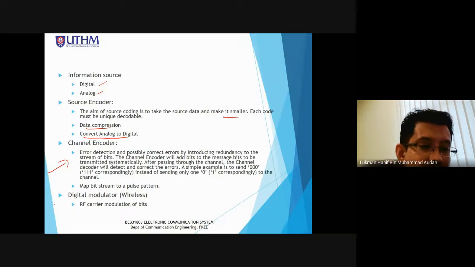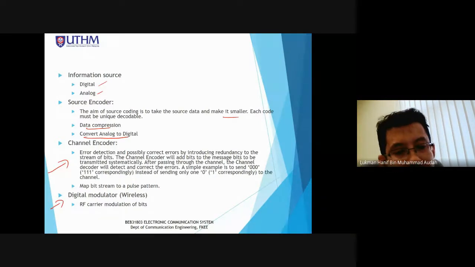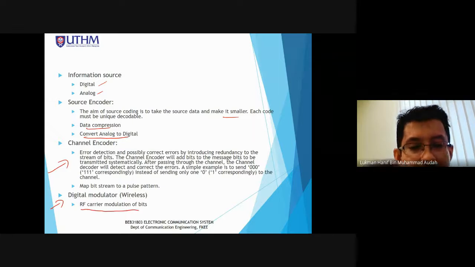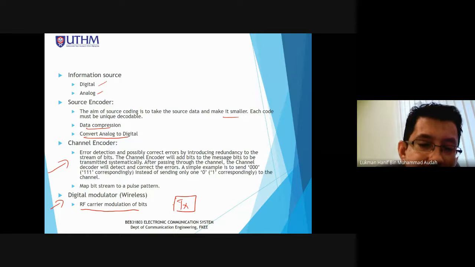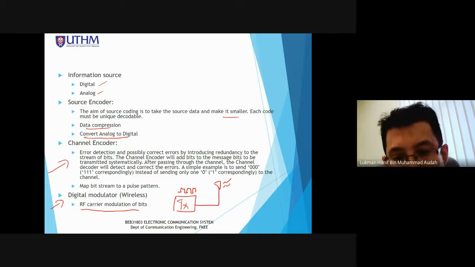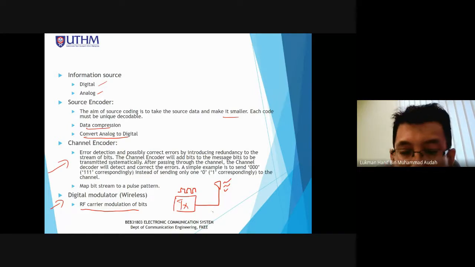Okay. Digital modulator. So this is if you want to transmit wirelessly, that means we will modulate with the analog carrier. Kalau kita nak hantar secara wireless, kita ada digital data, dan kita nak hantar secara wireless. Of course bermakna kita nak hantar secara analog.